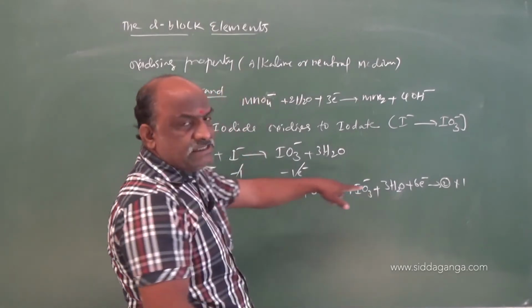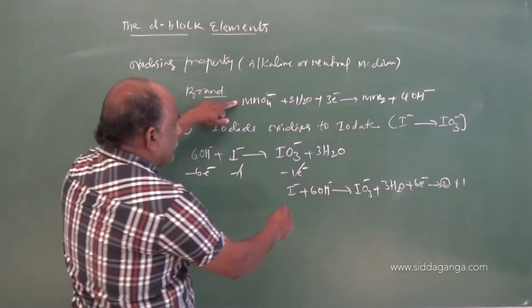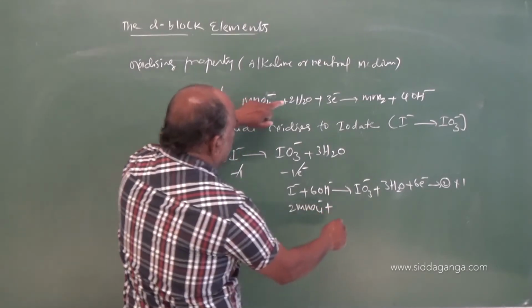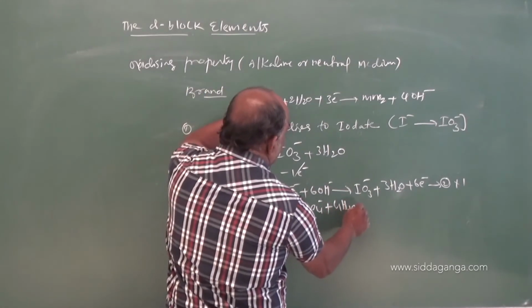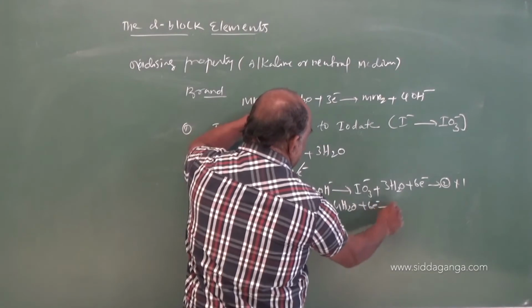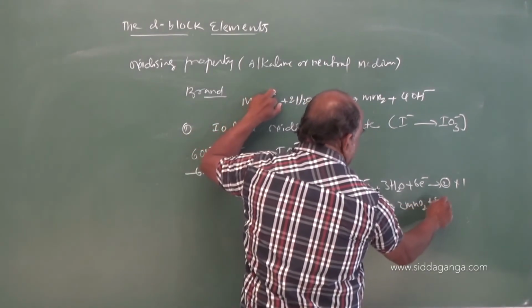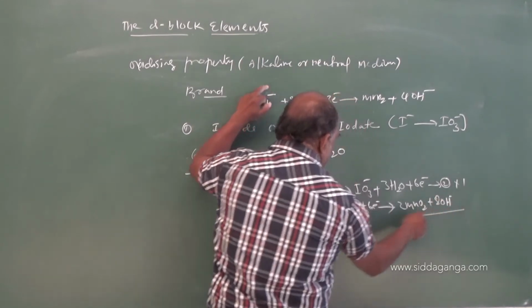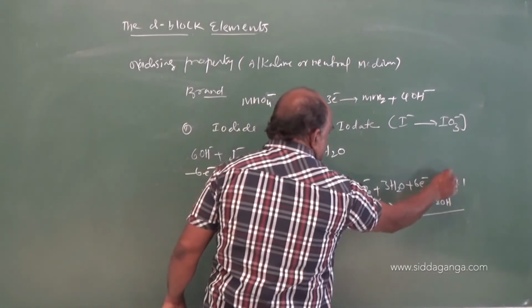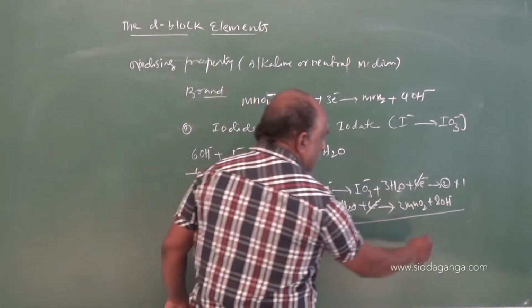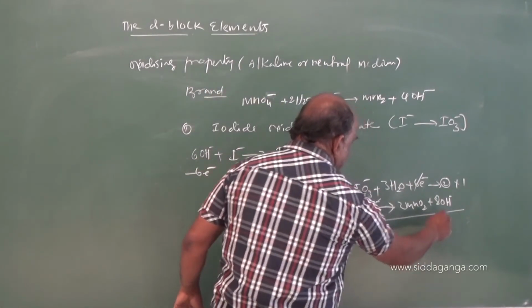Multiplying with 1 means as it is. Equation 1 multiplied with 2 gives 2MnO4 minus plus 4H2O plus 6 electrons gives 2MnO2 plus 8OH minus. On adding these two, the 6 electrons get cancelled. 4H2O on the left, 3H2O on the right, means only 1 H2O remains on the left side.